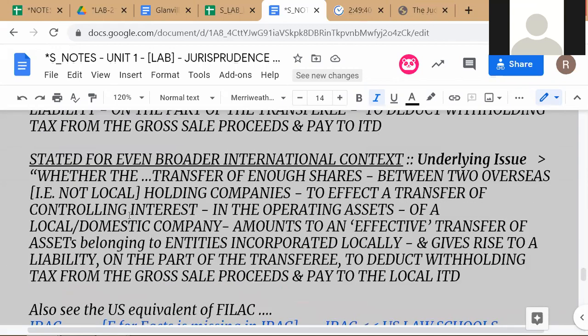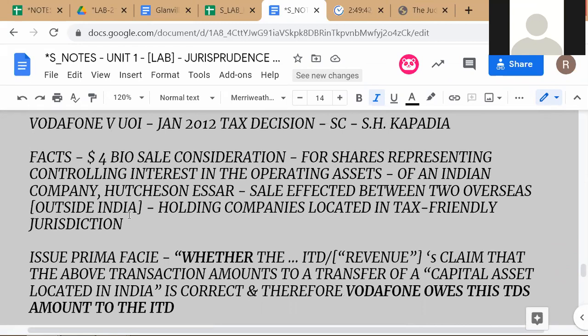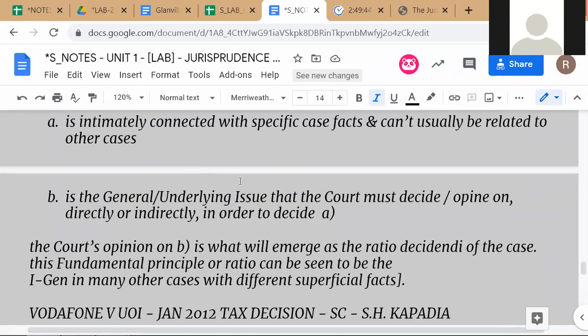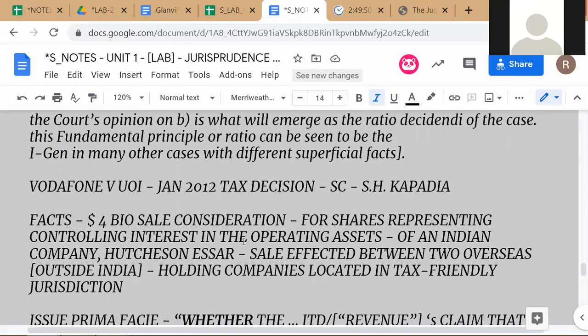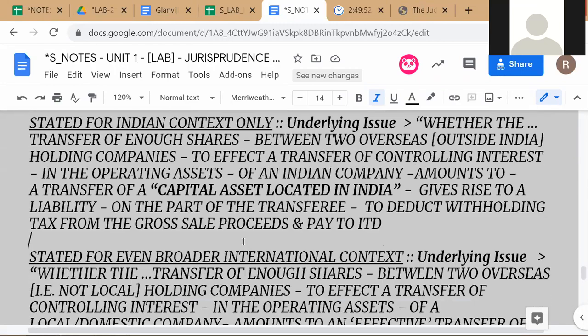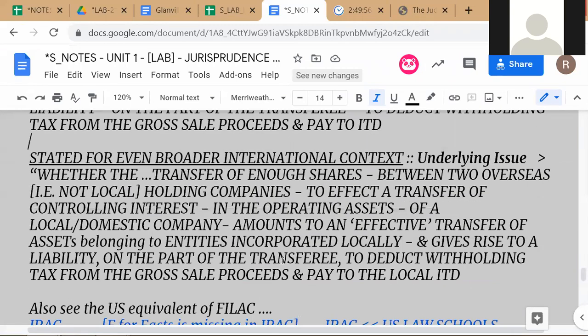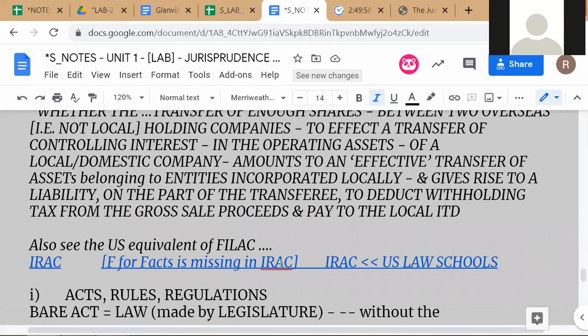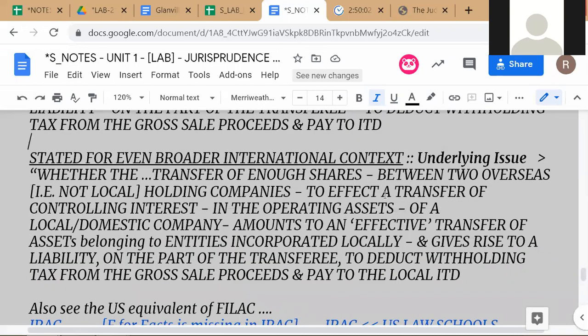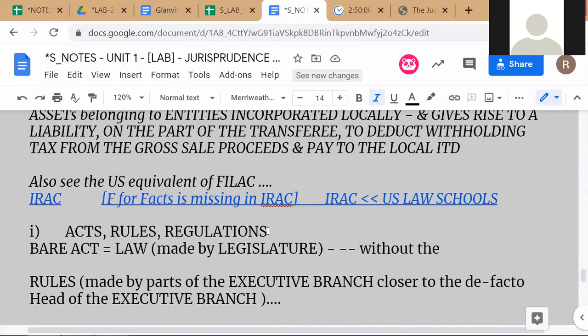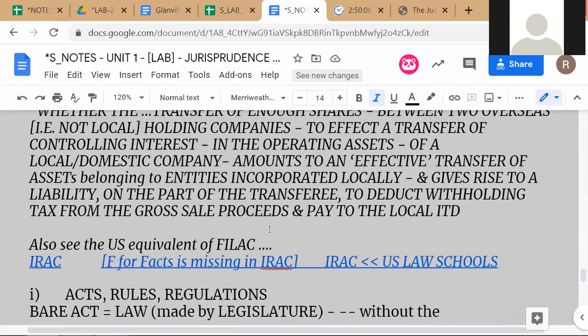So we state the issue at two levels: the issue prima facie, and the underlying issue, which is the general principle being discussed. That can be applied to other future cases based on the decision in this case.